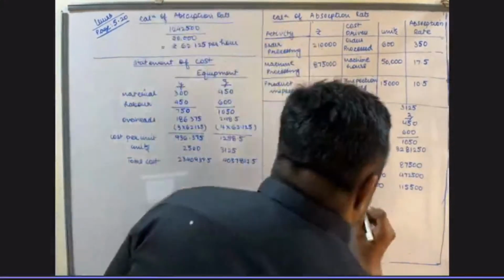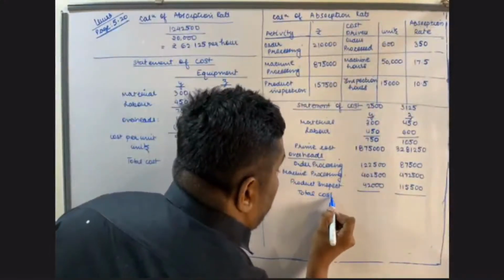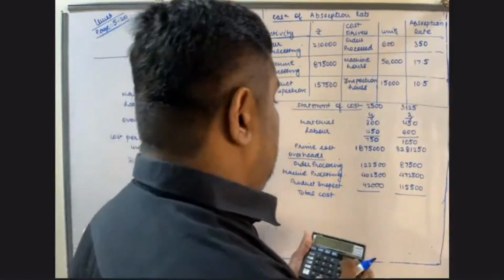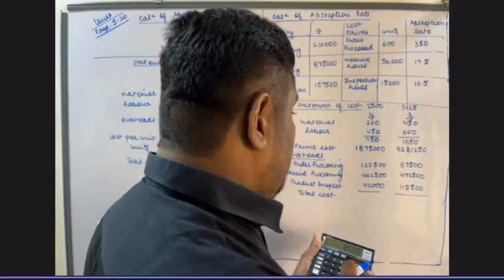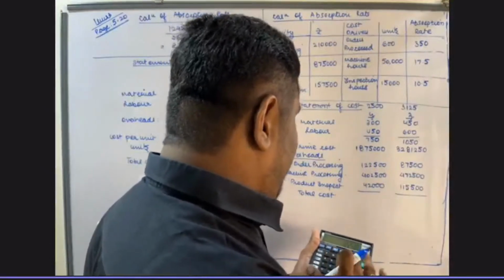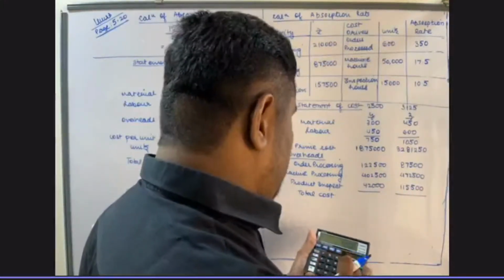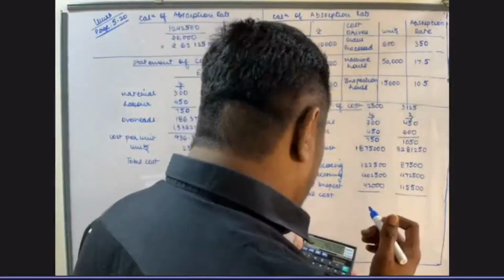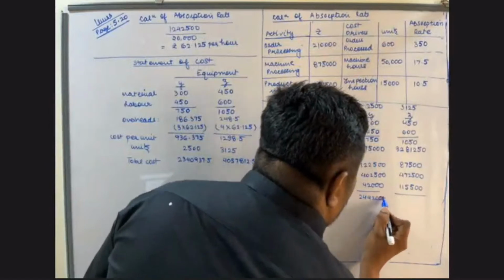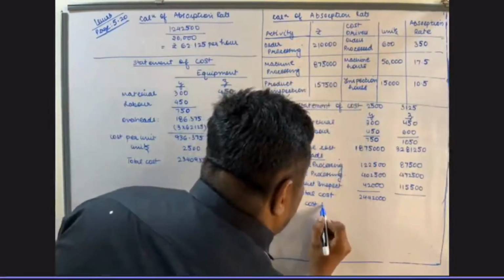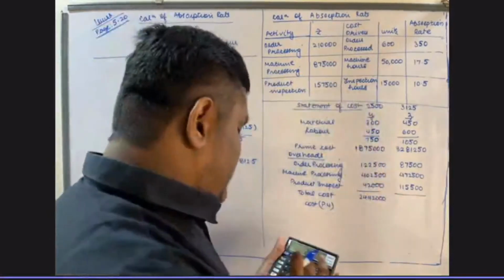So we can easily calculate the total cost now. That is 18,75,000 plus 122,500 plus 4,02,500 plus 42,000. So this will be 24,42,000. And cost per unit will be 24,42,000 divided by 2,500.